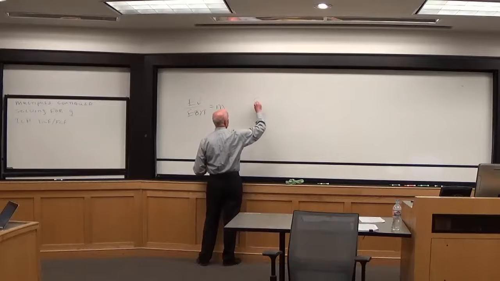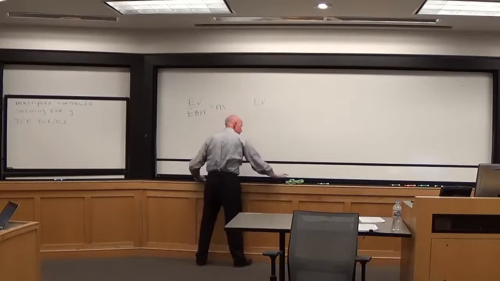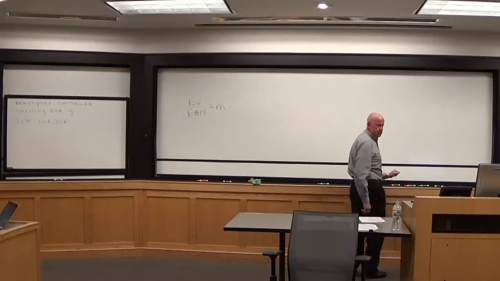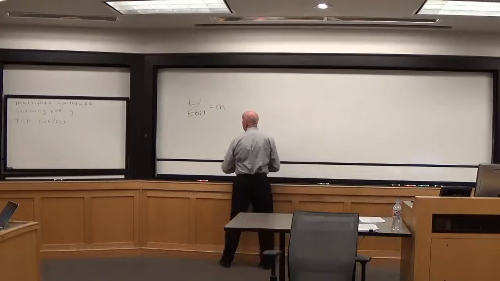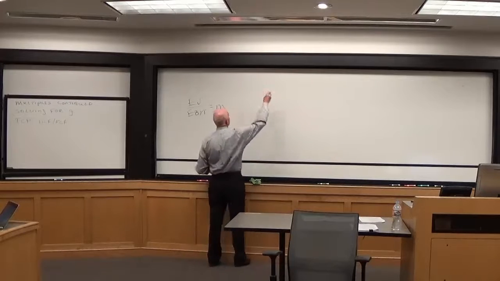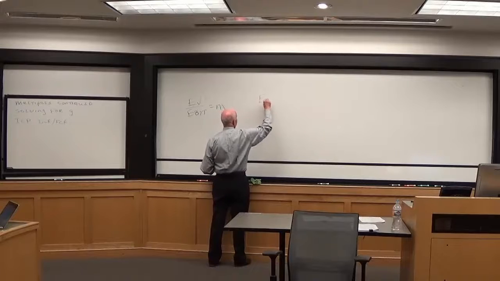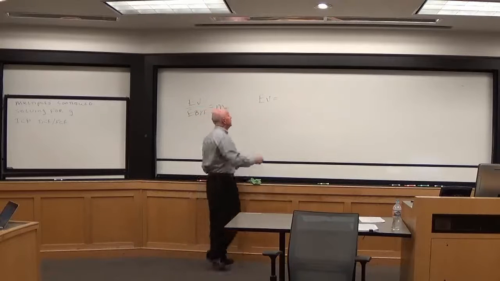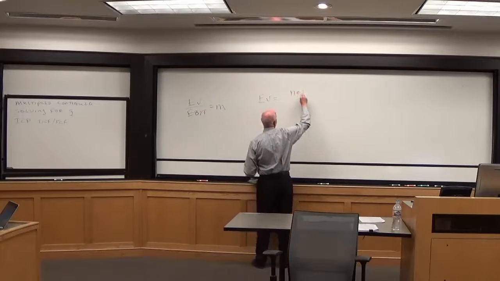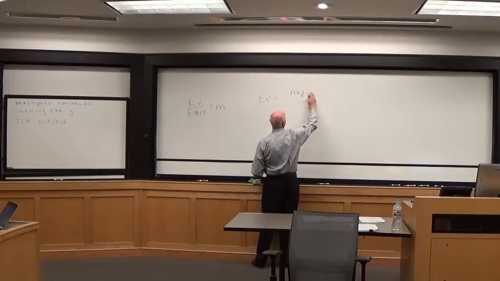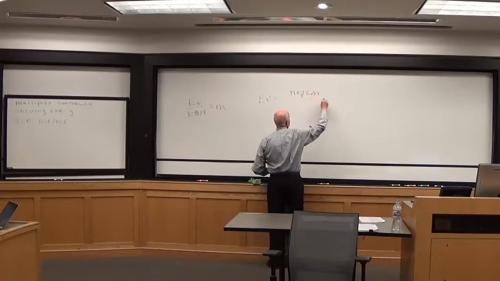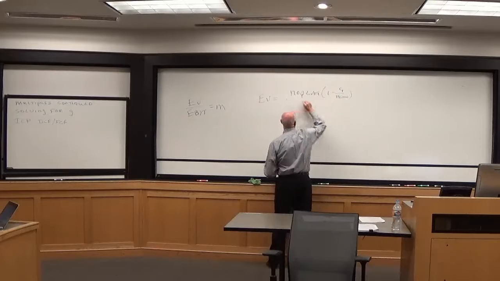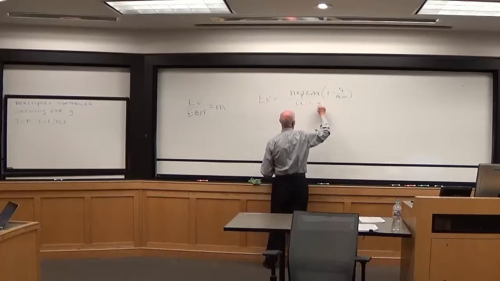So if we've got enterprise value, which is what we estimate when we estimate a value, being equal to NOPLAT times 1 minus g divided by ROIC, divided by WACC minus g.